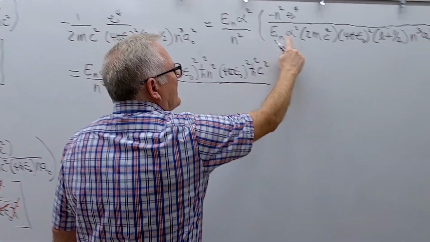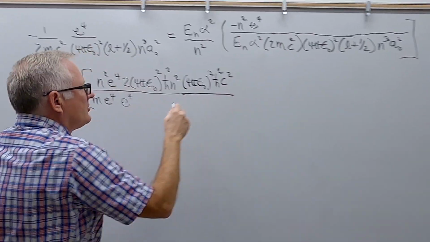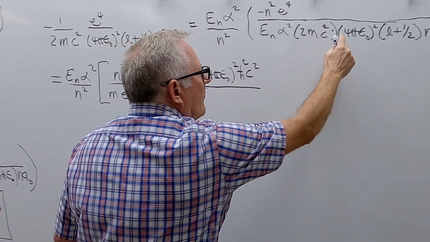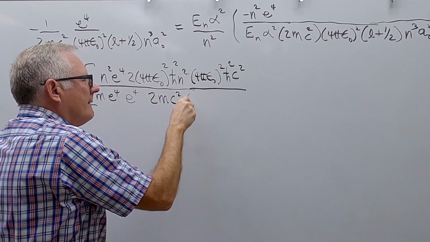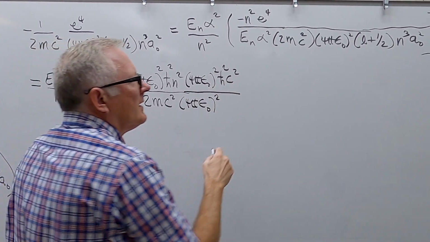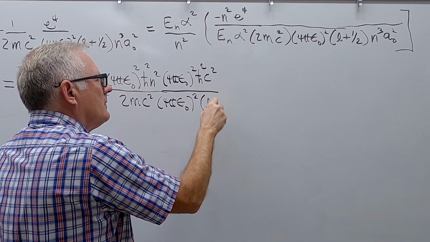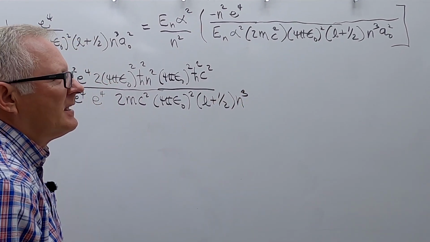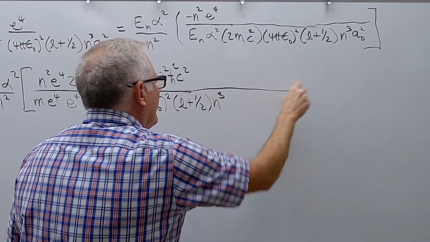Okay, so that takes care of that. Then we had the 2mc squared, 4 pi epsilon naught squared, L plus a half, n cubed, a naught squared.